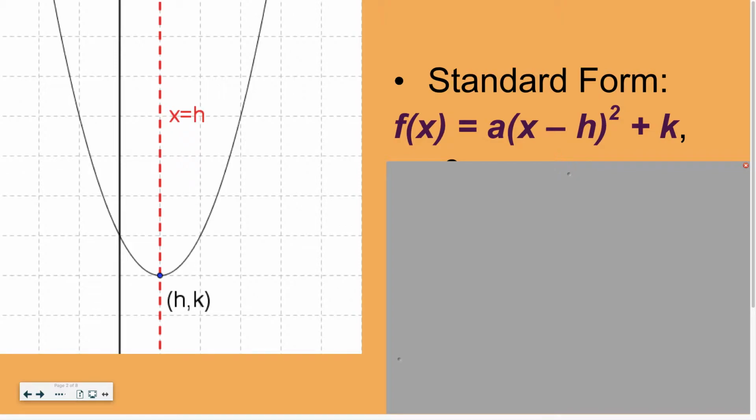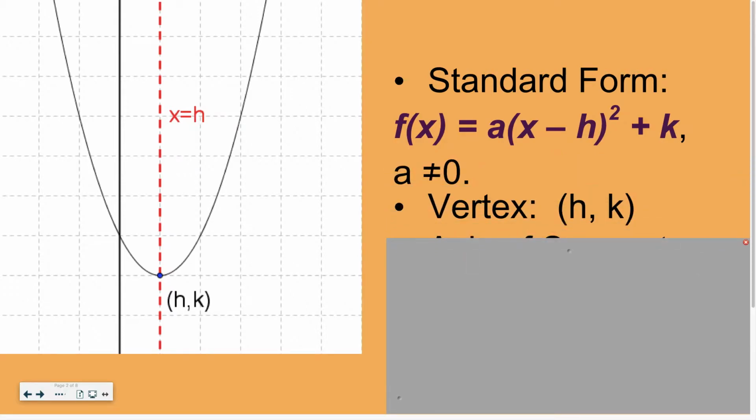Okay, so H is telling us which way right or left we're going to have to go. K is telling us which way up or down we're going to have to go. So HK is essentially giving us where that vertex is. If we take our parent function that has a vertex of 0, 0, and we shift it horizontally H and vertically K, we have the spot of our new vertex. Okay.